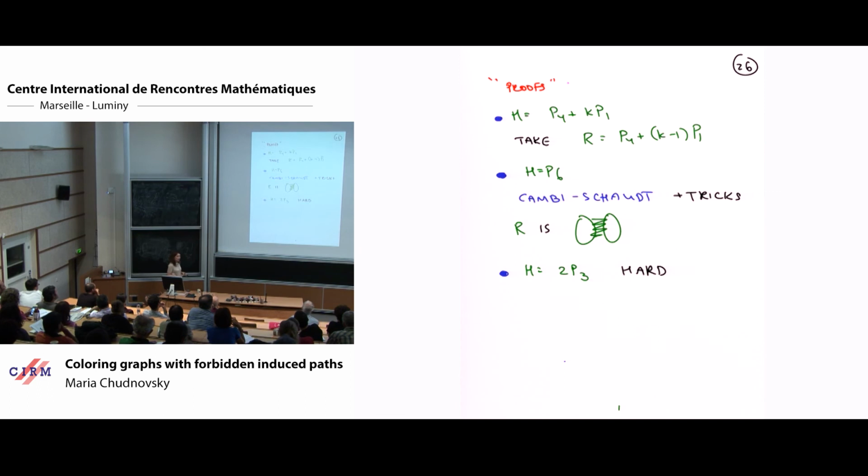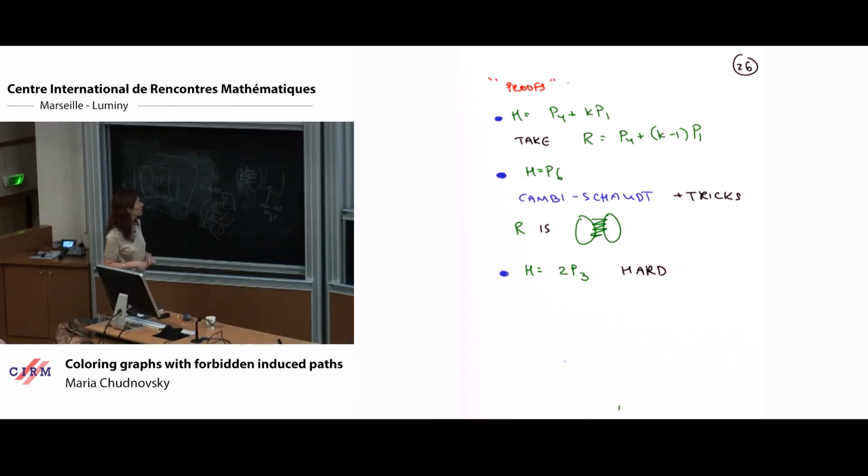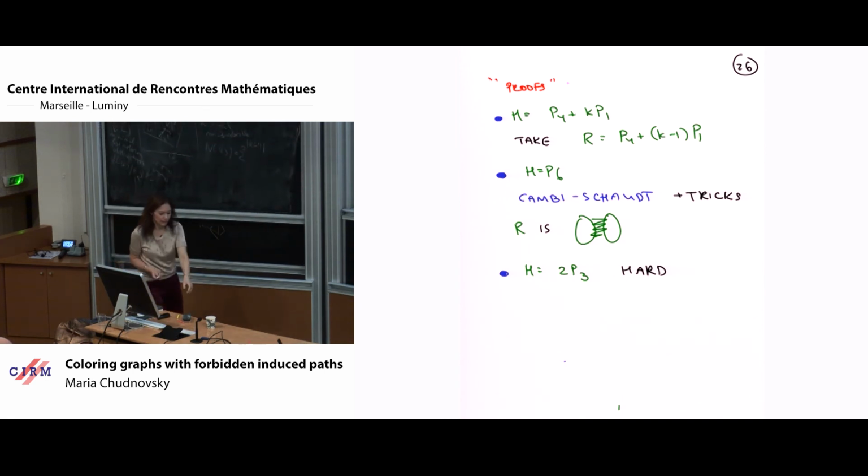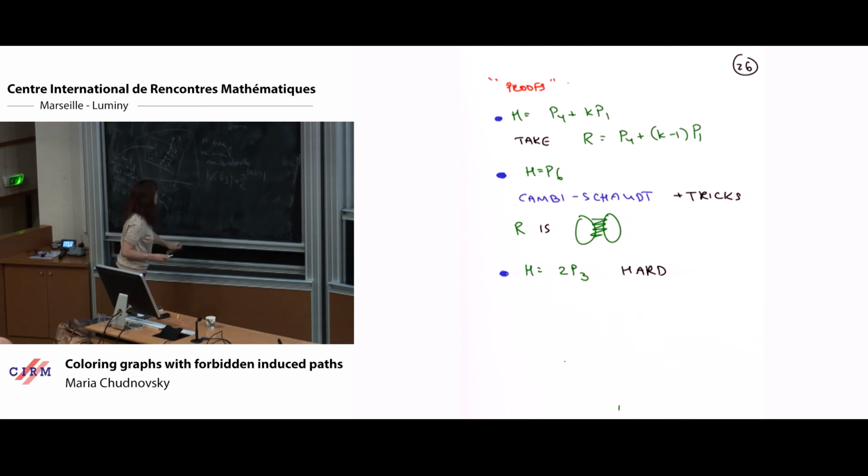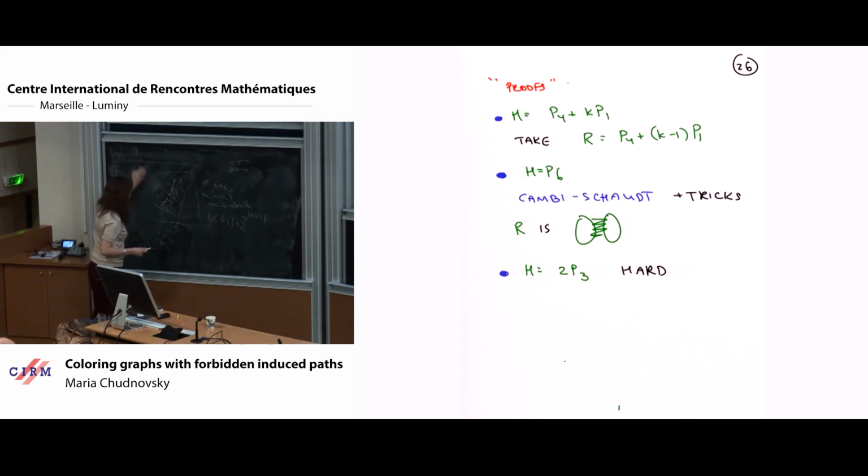So now the only question is how you're going to find this R. And I'm not going to say much about that, but sometimes it's easy. For example, if what you're excluding is this graph, and this is, I don't know, 100, then we may assume there is that.